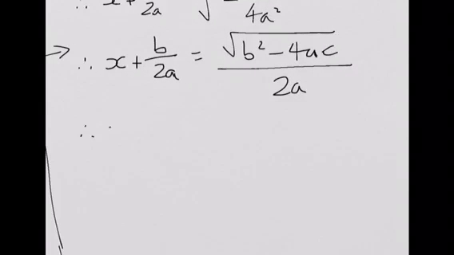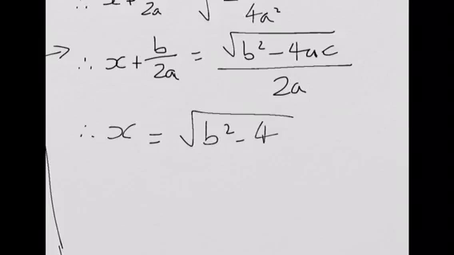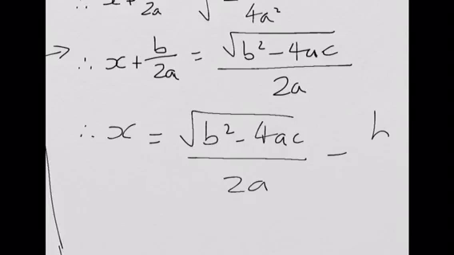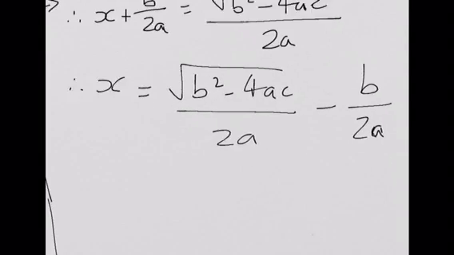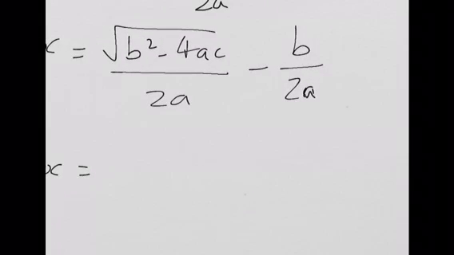Now, let's move the b on 2a to the other side, so we end up with x equals the square root of b squared minus 4ac on 2a minus b on 2a. Now they've both got a common denominator, so we can put them together, with the same denominator.